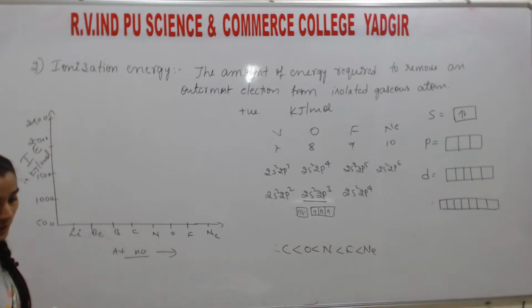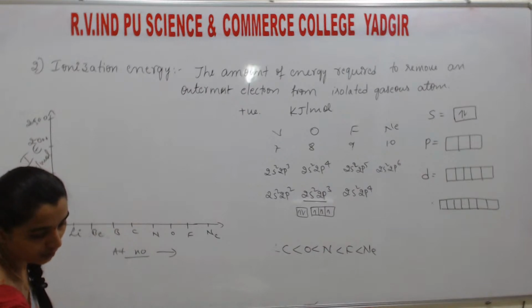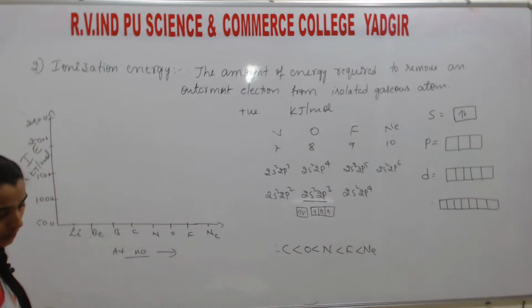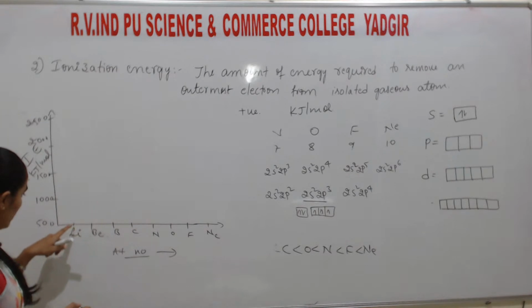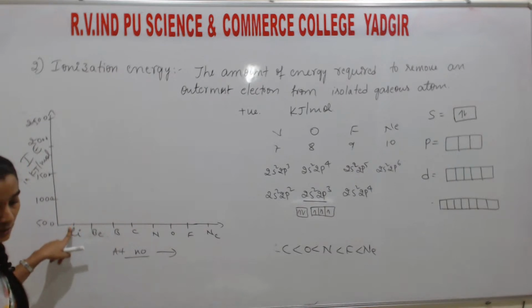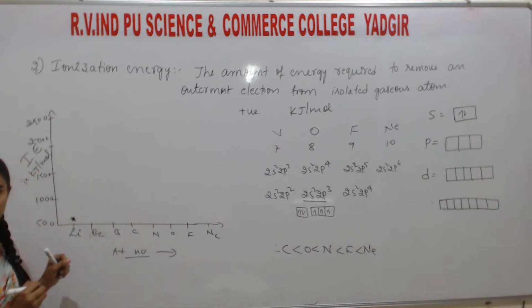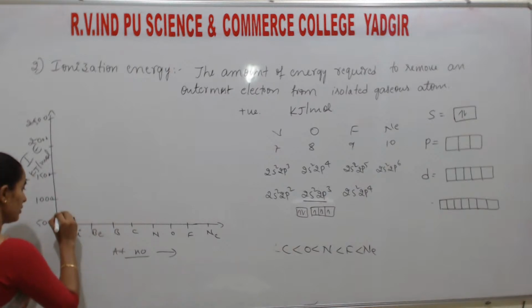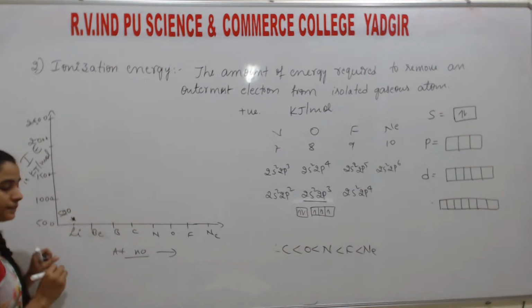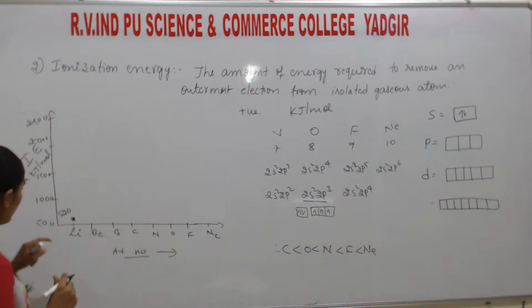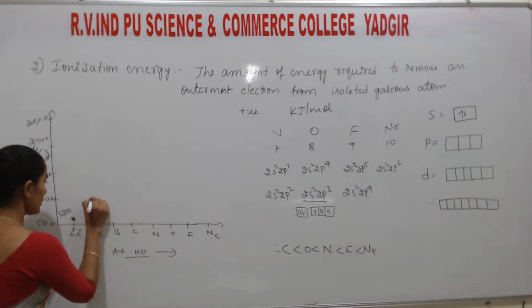Next, when lithium is there, its energy is nearly 500. This one is 520. Next, beryllium is there. Its energy is 899.